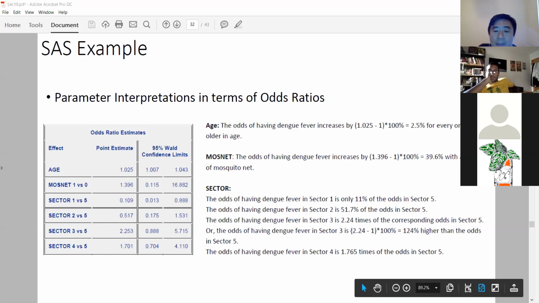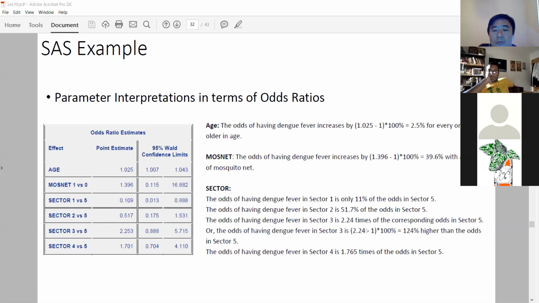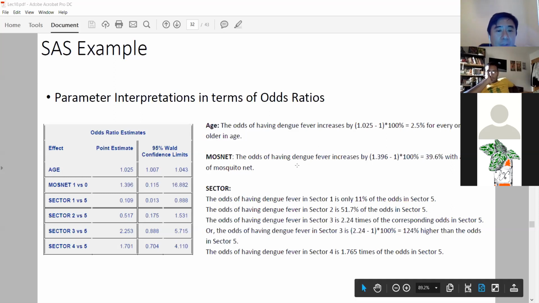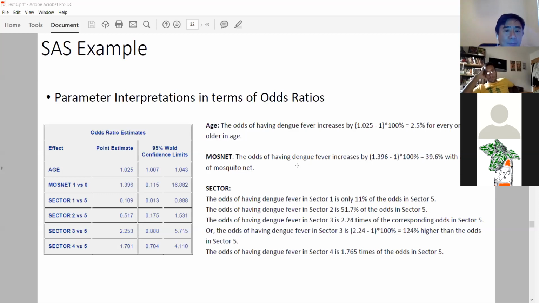You can also interpret it as an increase of 2.24 minus 1, times 100%, which is about a 124% increase in the odds if you live in sector number 3 compared with sector number 5. All right, so that's the interpretation of the estimates in terms of odds ratios.